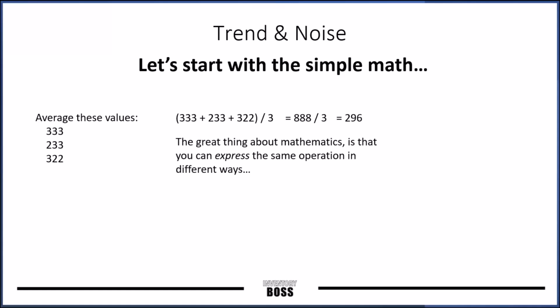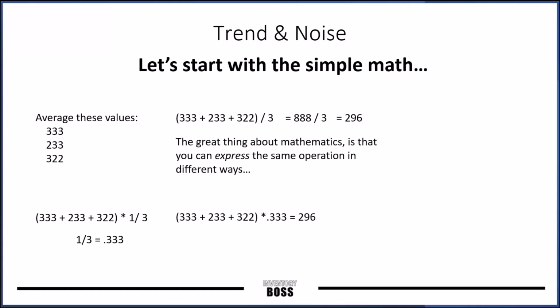Now, the great thing about mathematics is that you can express the same operation in different ways, and that makes math really cool. So let's look at another example. We can do 333 plus 233 plus 322 multiplied by 1/3. Now, 1/3 is 0.333, so that gives us 296. Look at that, the same result.